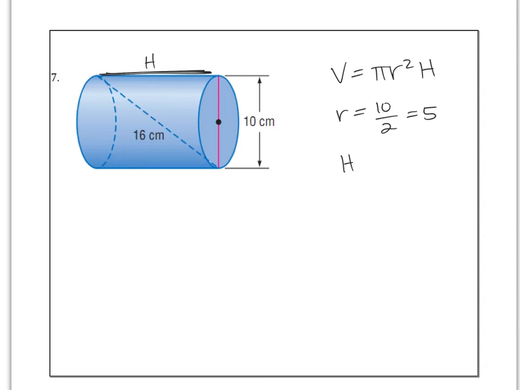I think this would be a 90-degree corner, and so we can do a little Pythagorean theorem. We can do h squared plus 10 squared is going to equal 16 squared. And remember, the 16 is across from the 90, so that's going to be your c. You know how we do a squared plus b squared equals c squared? Well, c is always the hypotenuse, or in this case, it's the 16.